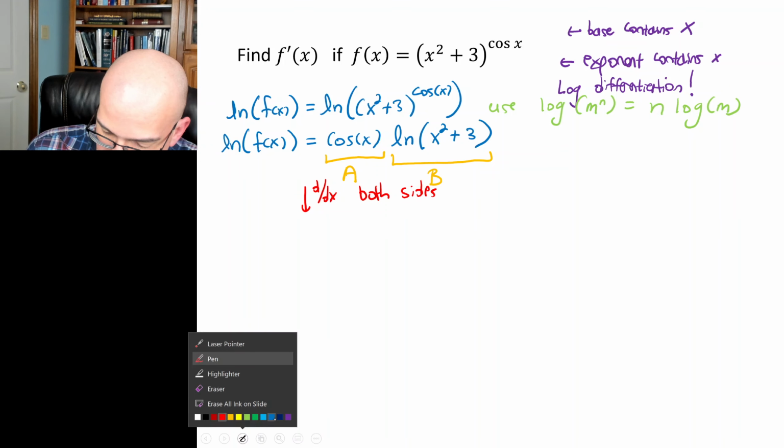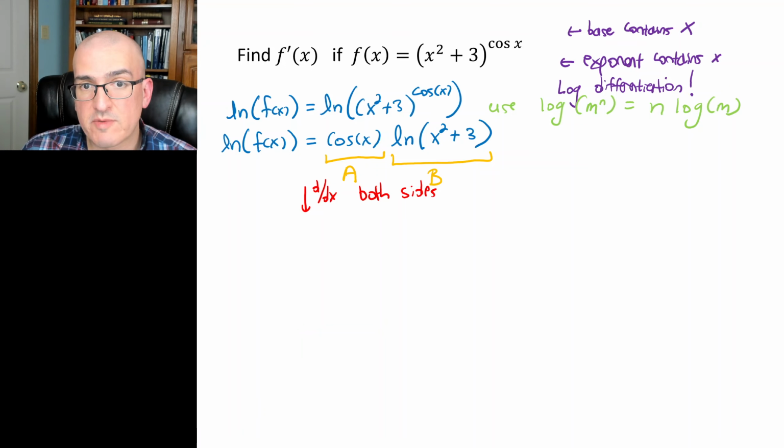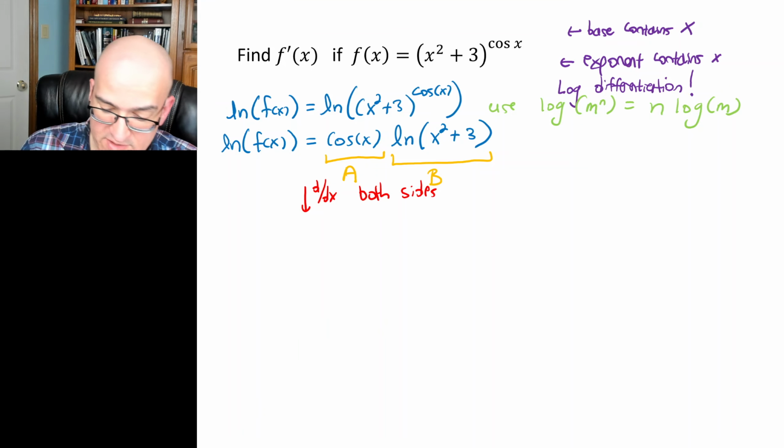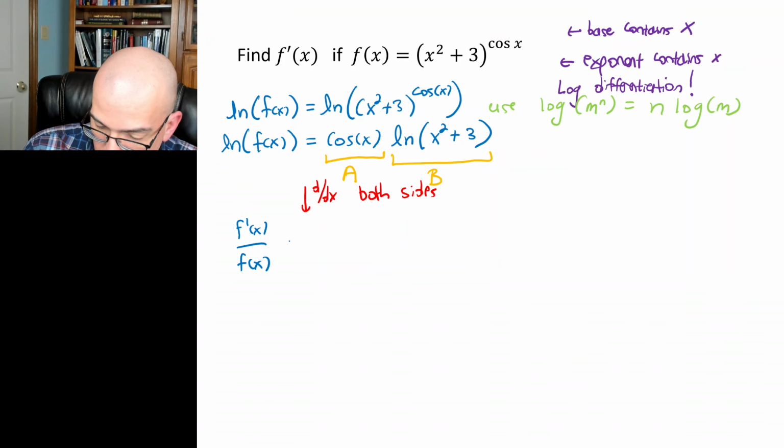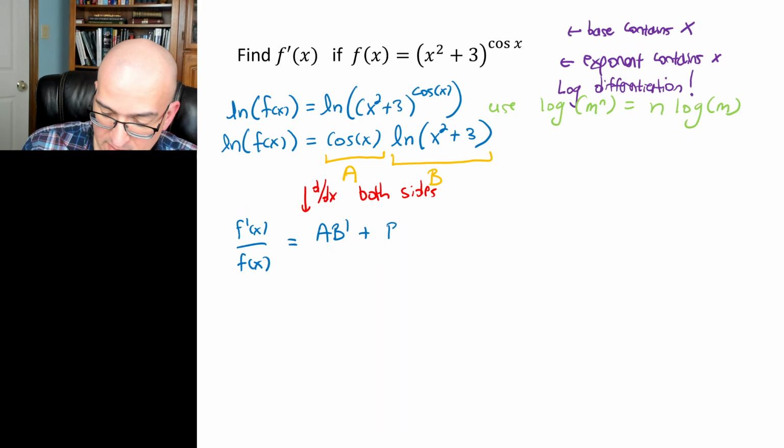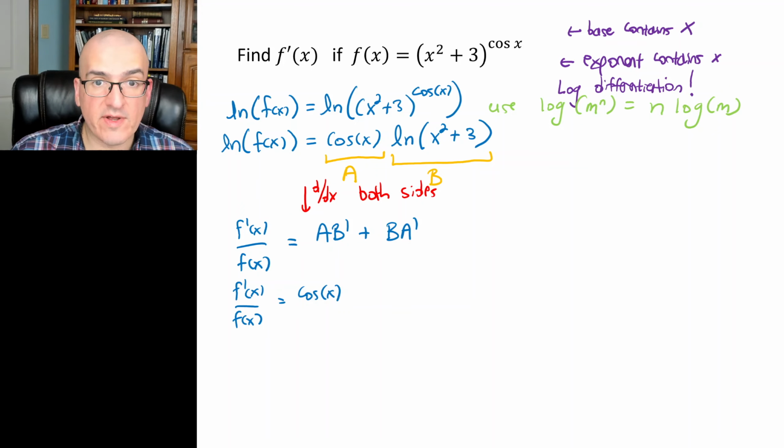So the derivative of the left-hand side, the derivative of ln of w is w prime over w. The derivative of ln of f is f prime over f. And we have ab prime plus ba prime. So f prime over f is equal to a, cosine of x, times the derivative of the ln of x squared plus 3.